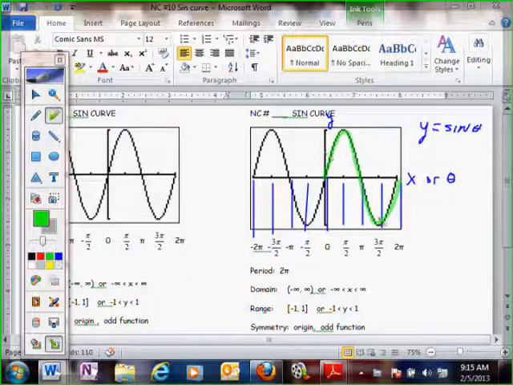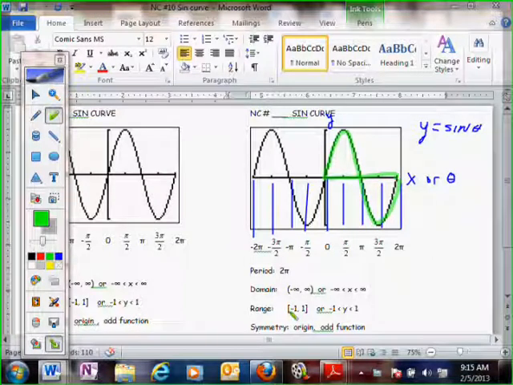This piece that I highlighted is identical to this piece that is unhighlighted. So this is the part that's repeating. And so to find the period, you have to find the distance along the x or the theta axis that that piece is repeating on. And so you should see that that's going to be from 0 all the way over here to 2 pi, so the period is 2 pi. Okay? Get used to using fractions.